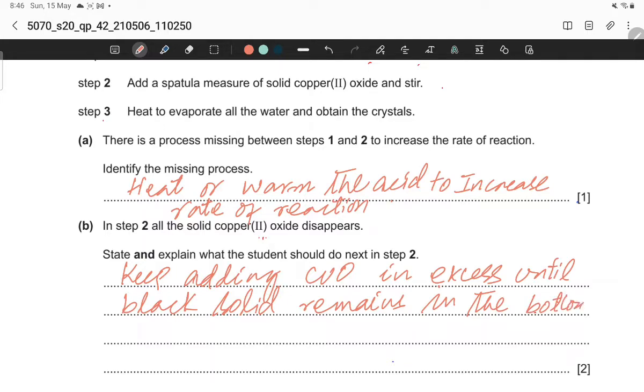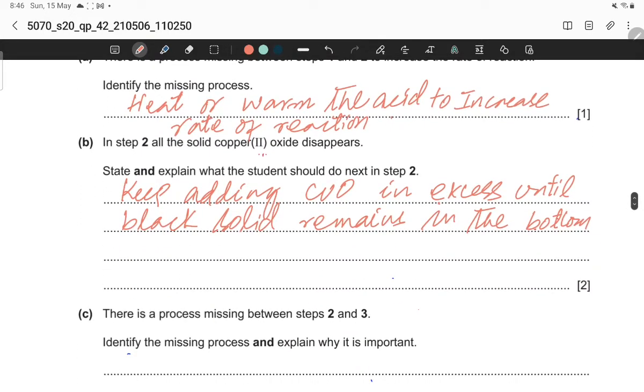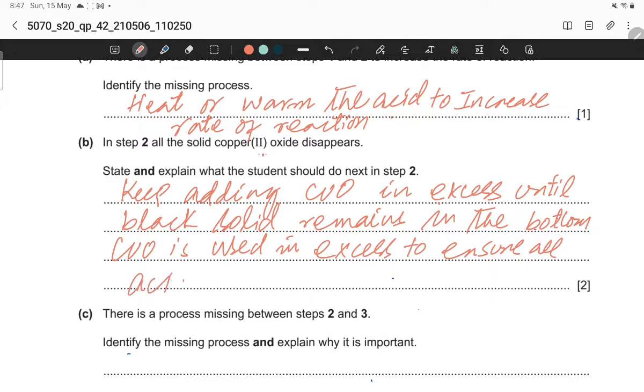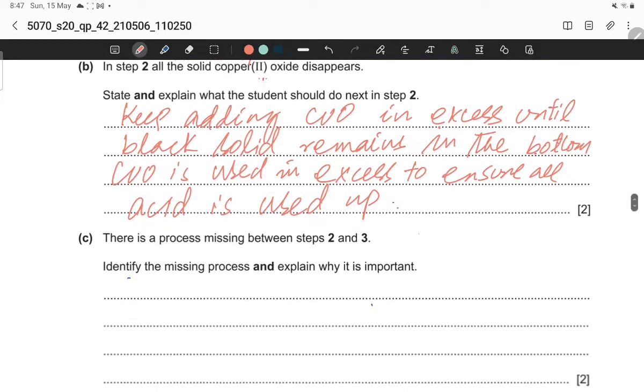We are using excess copper 2 oxide to ensure all the acid is used up, to prepare pure copper sulfate salt.